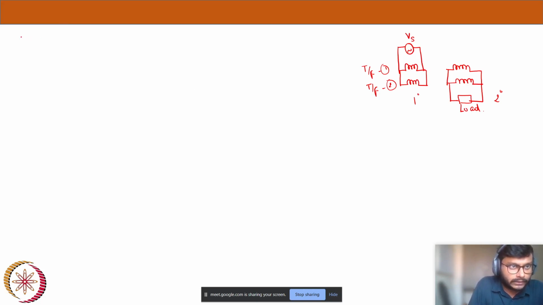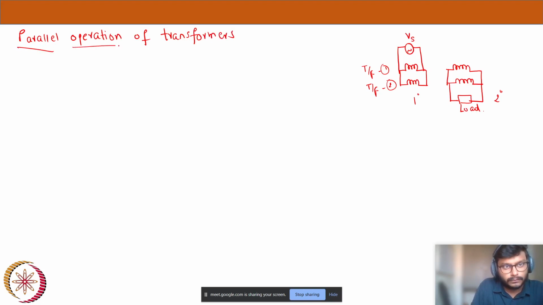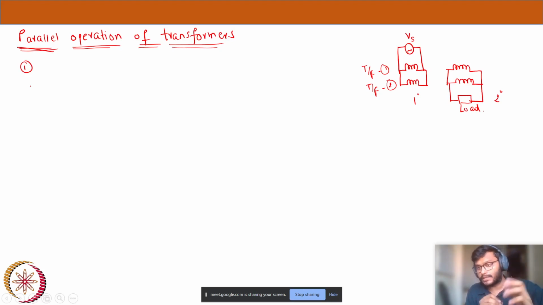Let me write the condition. We just saw the connection of these two transformers, and now we will see the conditions to satisfy before connecting any two transformers in parallel.